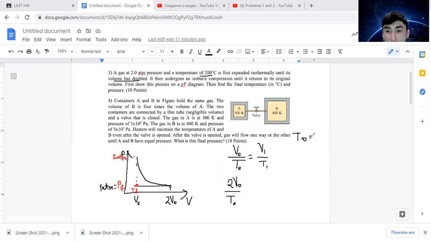Let's write it here, 200 degrees, equal to V1. V1, it's the final volume here. It's equal to V0 over T1. T1, it's the final temperature here. So all these values are given. V0 will be cancelled.